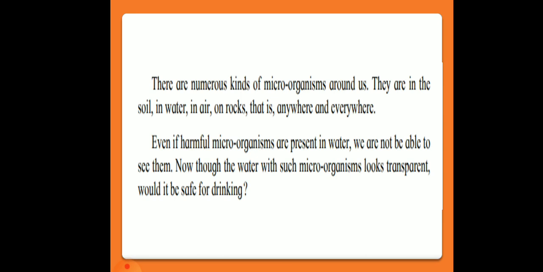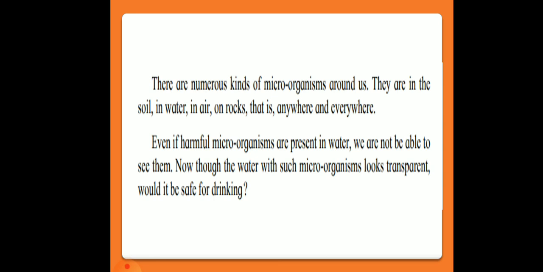There are numerous kinds of microorganisms around us. They are in soil, in water, in air, on rocks, that is, anywhere and everywhere. Even if harmful microorganisms are present in water, we are not able to see them. Now, though the water with such microorganisms looks transparent, would it be safe for drinking?